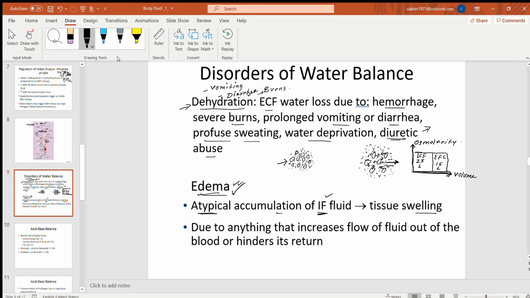So first, tell me if you get diarrhea, what will happen? In diarrhea we lose water and electrolytes, right? So both water and solutes, electrolytes, get out. If water gets out, the volume will shrink, the volume will get smaller.